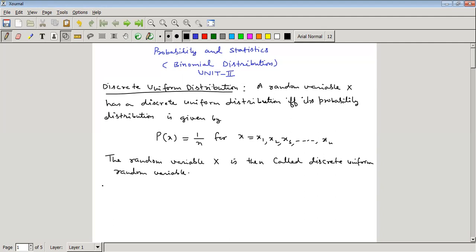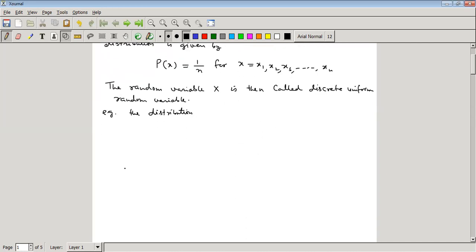For example, if we take x equal to 0 and x equal to 1, the probabilities are 1 by 2 and 1 by 2, because we have two values x1 and x2. x1 is 0 and x2 is 1, and the probability of x1 is 1 upon 2 and the probability of x2 is also 1 upon 2.